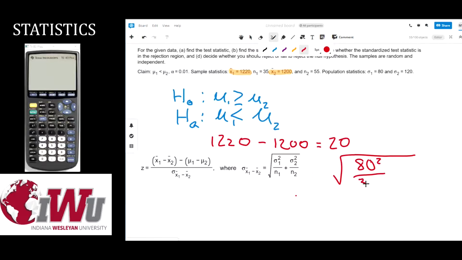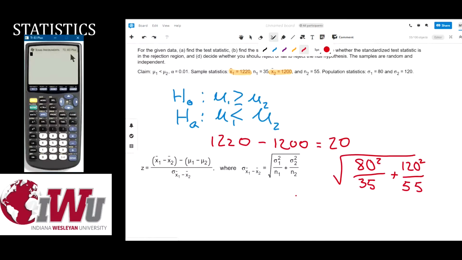Plus this one here, 120 squared over N2, which is 55. So let's get what that is, and that will get us our denominator to get our test statistic.